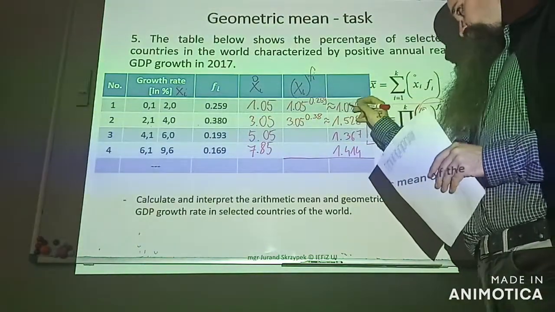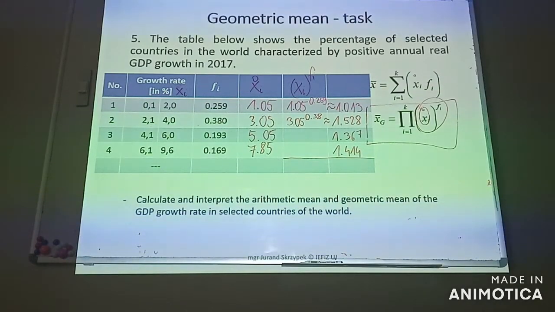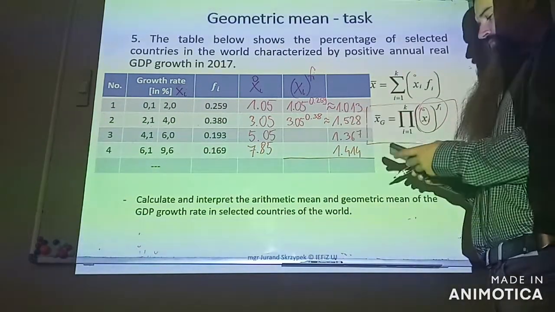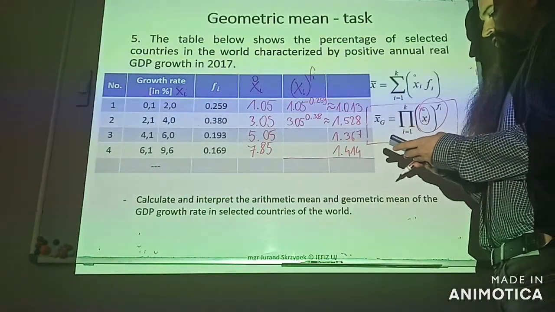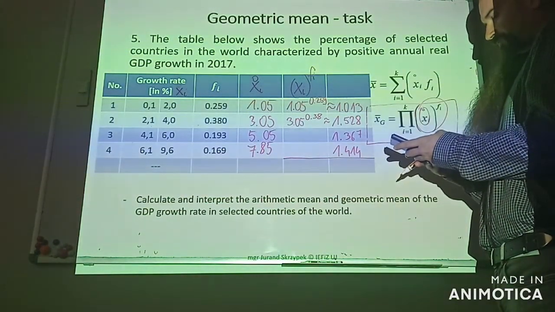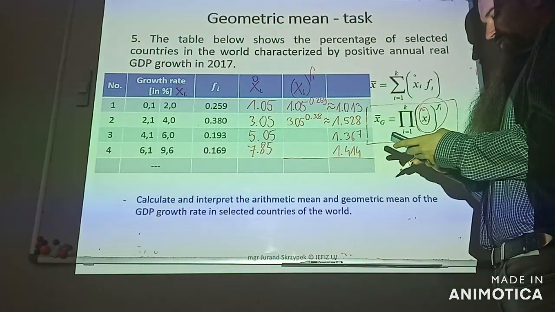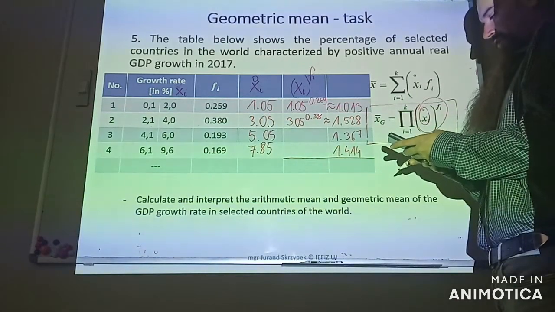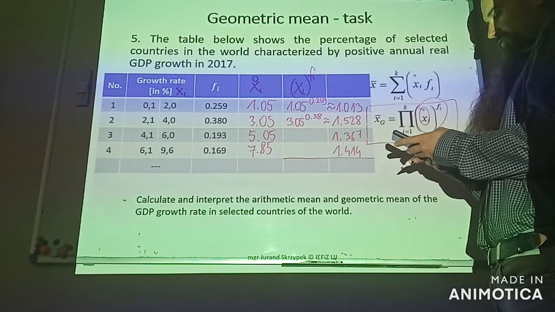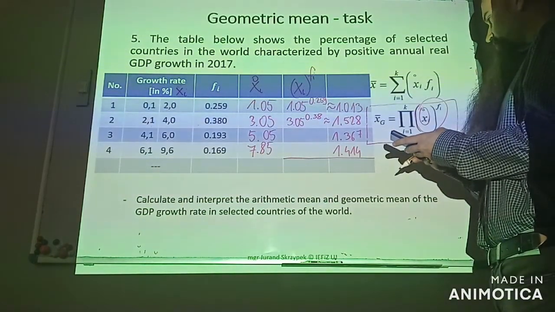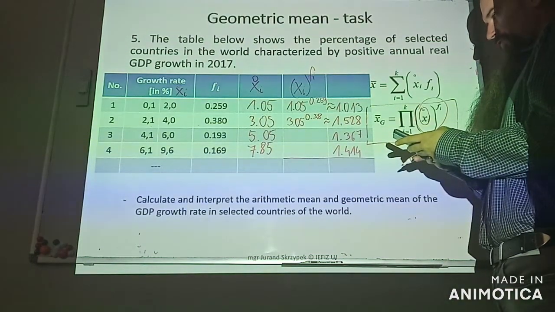So 1.013 multiplied by 1.528 multiplied by 1.367 and multiplied by 1.414.